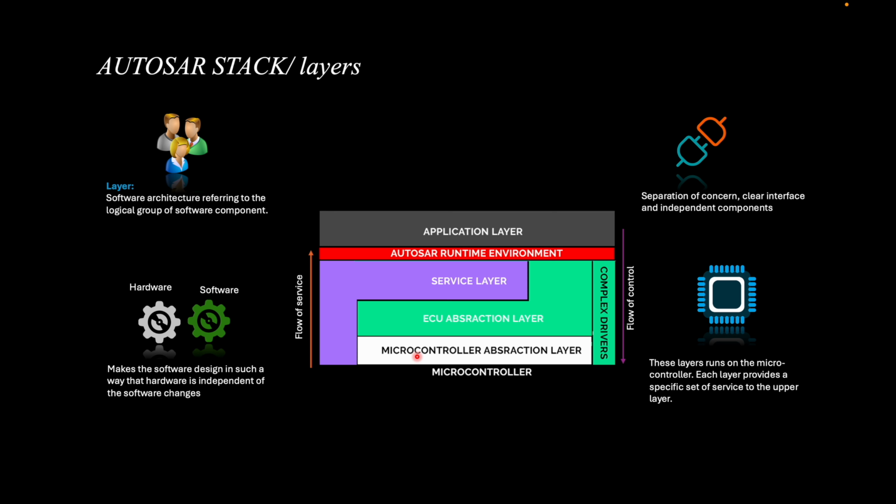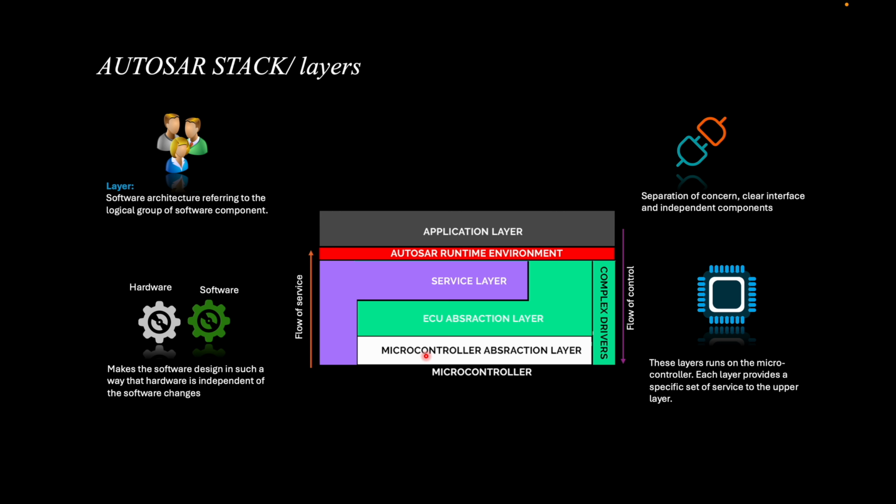So if you see the lower layer, it will always provide service to the upper layer. So the microcontroller abstraction layer will provide its service to the ECU abstraction layer or to the service layer. Wherever you are able to see some connection, that connection means the layer will be able to provide some service to the other layer.